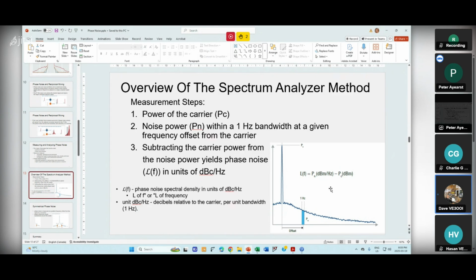Because these units don't match. There's got to be a way that you could translate the phase noise measurements in dBc per hertz to a true noise spectral density or noise power density. Because dBc per hertz, that's a noise power density. That's not a spectral density. If it's spectral, it'll be per square root of hertz.